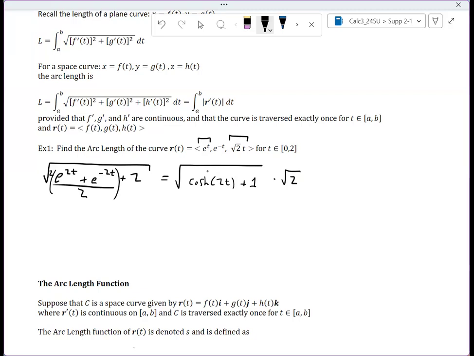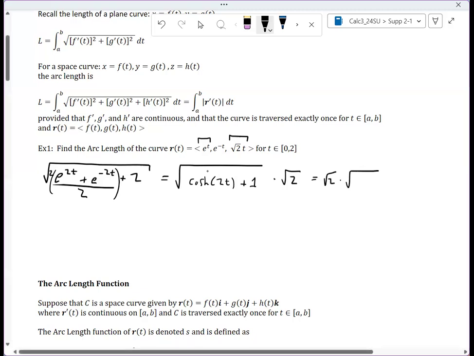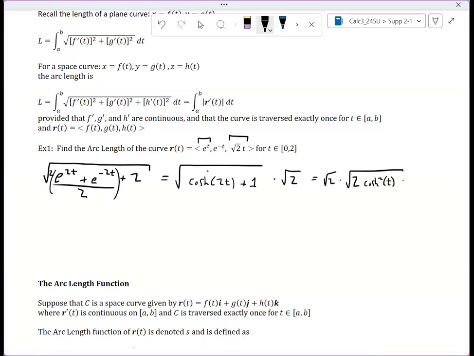Now, cosh of 2t, one of my hyperbolic trig identities, my double angle identity, cosh of 2t is 2 cosh squared of t minus 1. Looks very similar to the trig identity. And then I have a plus 1 that's still there.